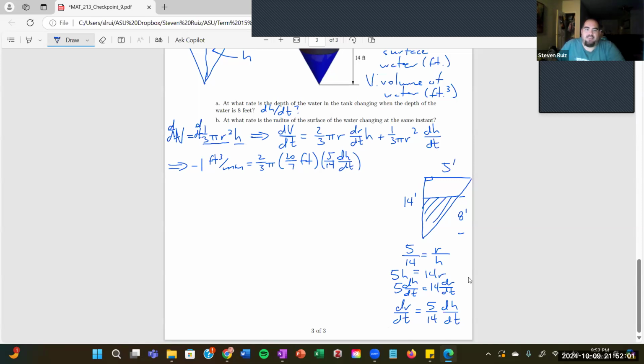Next thing I need is the height. Do I know what h is? Okay, we don't have to do that much work to find this. That's just 8 feet. We are given that. So 8 feet. I'm going to move to the next line here. Plus 1/3 pi times the radius squared.